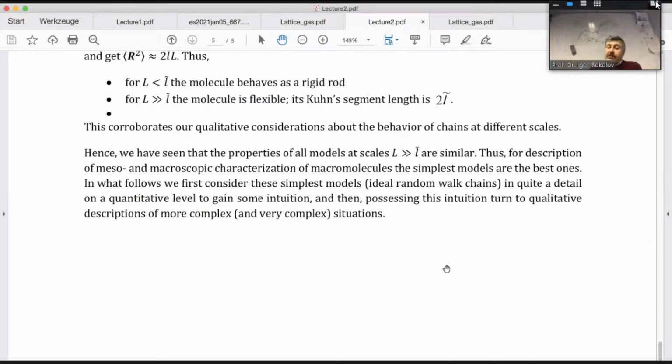If, for example, for whatever reason, I would like to make a lattice model for DNA. At scales which are much larger than the persistence length, all polymer chains behave very similarly. We will see the differences in behavior of very flexible and very stiff chains. I will then comment on it.